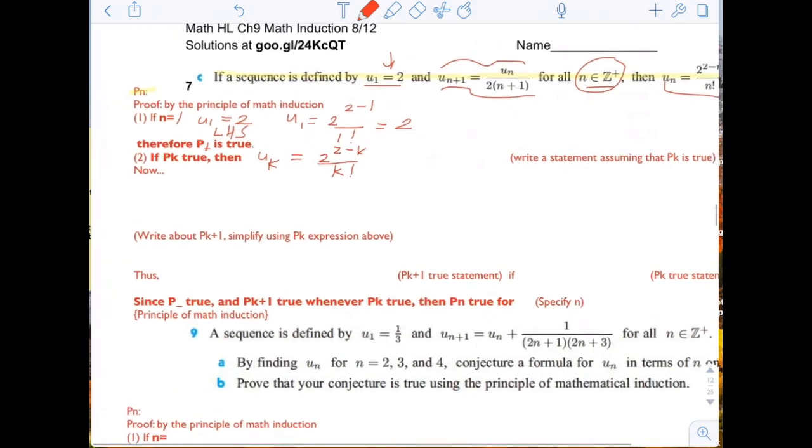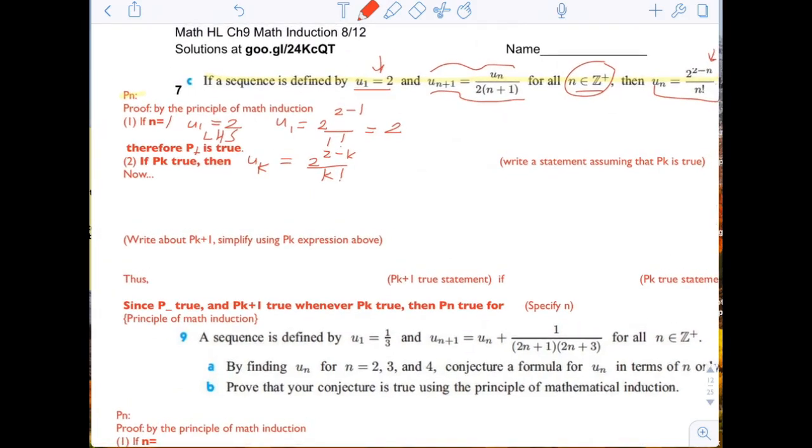So we're going to use this side, right? U of k plus 1 is equal to u of k divided by 2 times k plus 1. Now we're going to try to manipulate this until we get the k plus 1th version of this.